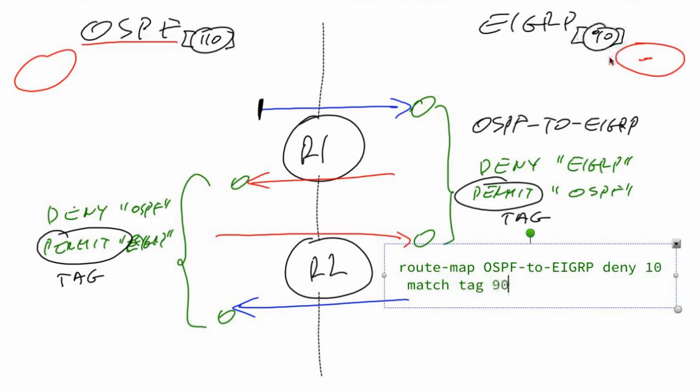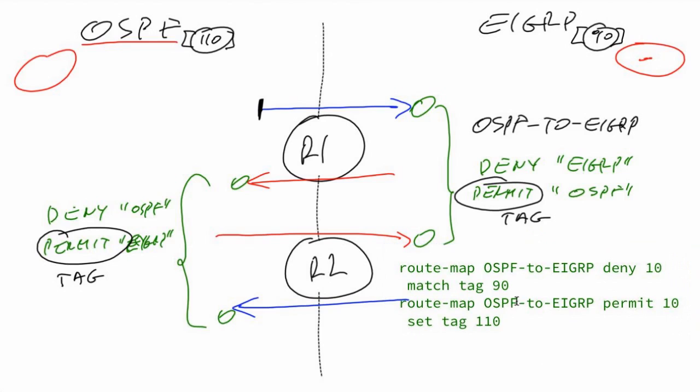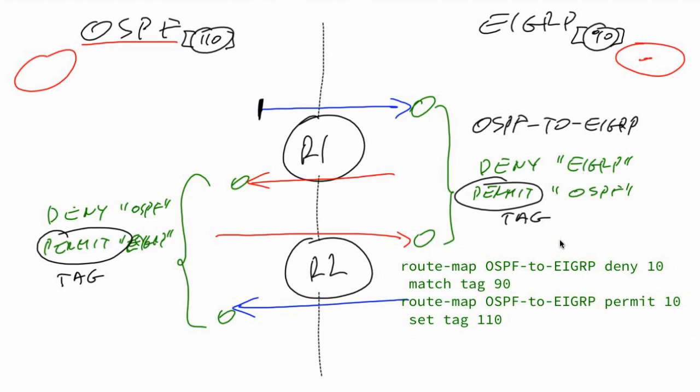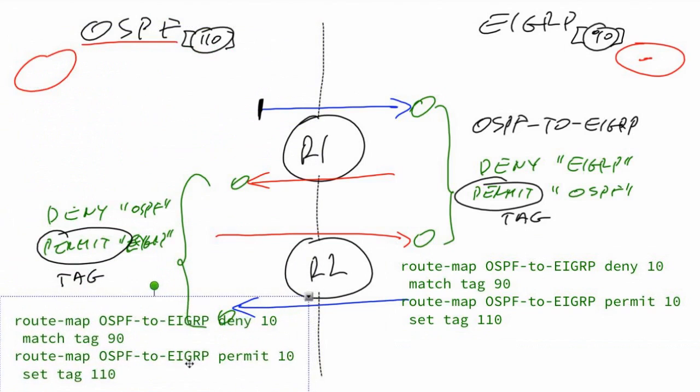So what I want to do is I want to deny the routes that are EIGRP routes, and I want to make sure that everything else is first of all permitted, and then that it actually gets tagged as the OSPF route. So this is my route map that I can apply on this filtering direction and in this filtering direction here.